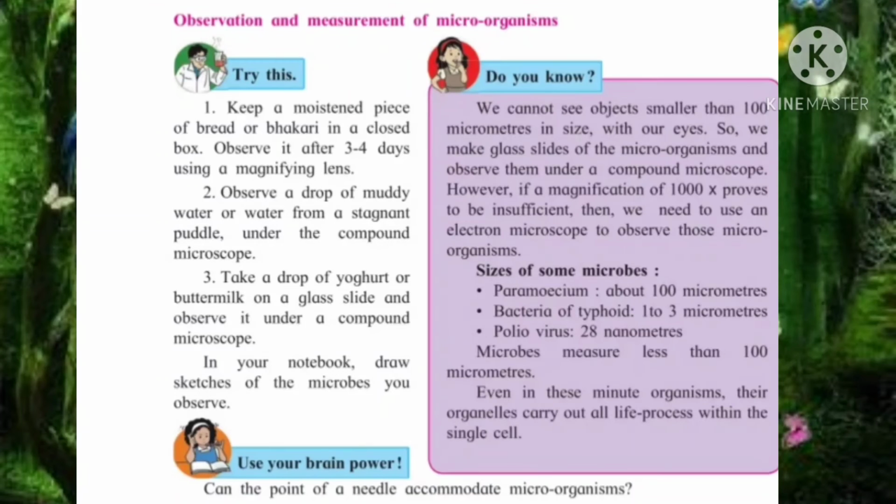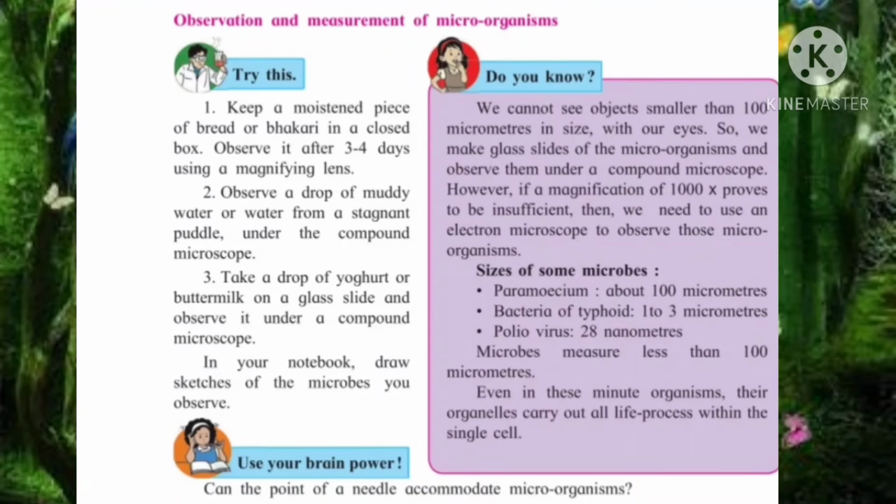But now it's not possible to observe under the microscope, you can just see the growth of fungus. What will happen when you observe under the microscope? You get the structure of fungus.